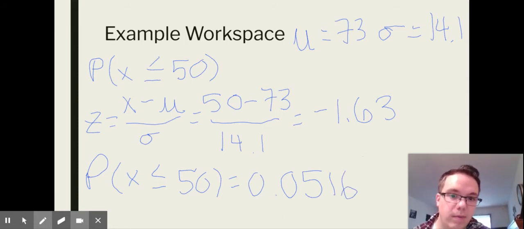All right, so the probability that you see less than 50 seals is slightly more than 5%. So this is our answer.